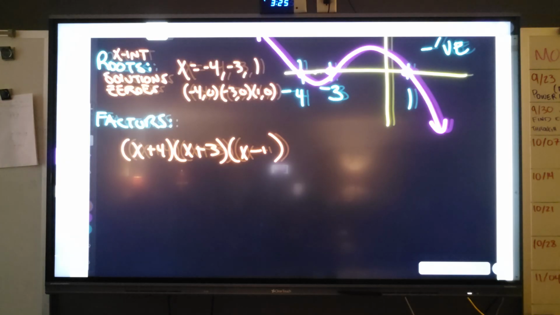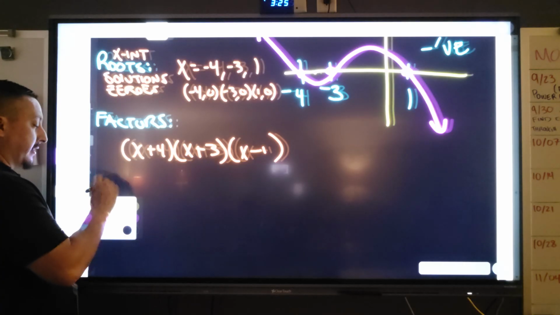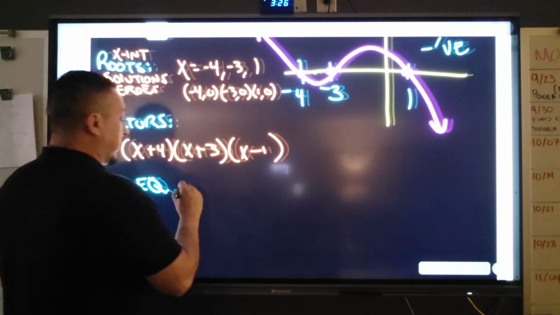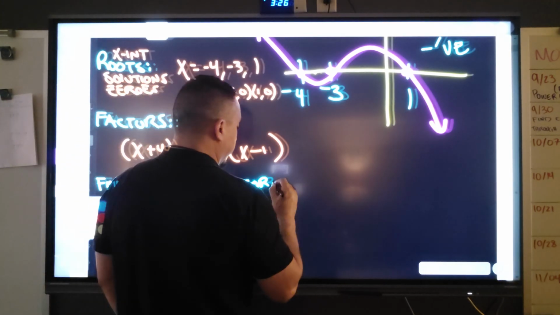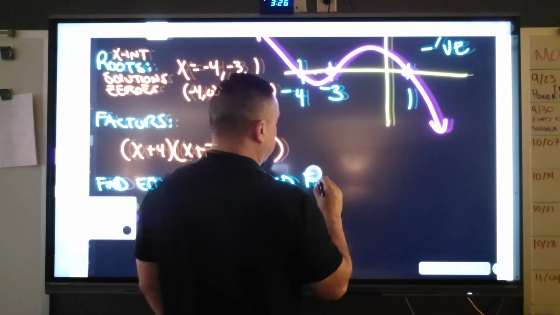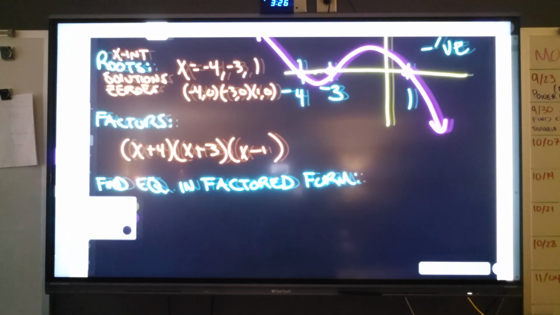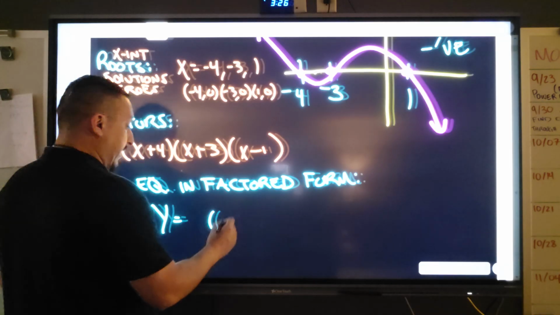Okay. But now we're going to find the equation in factored form. And so here's what it looks like. It's just y equals, and then you put those factors.